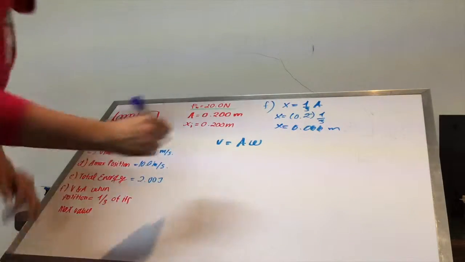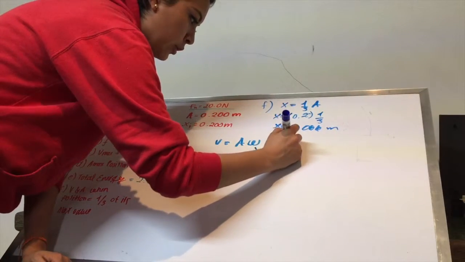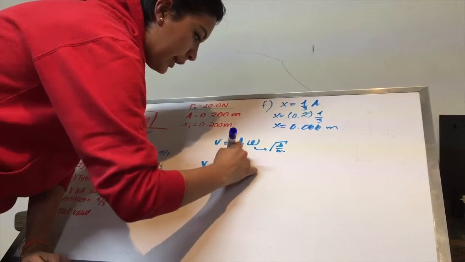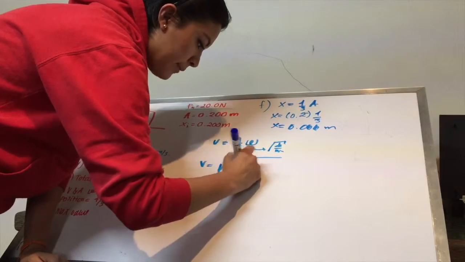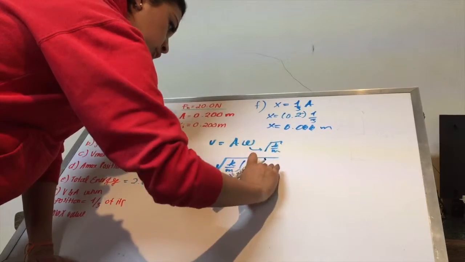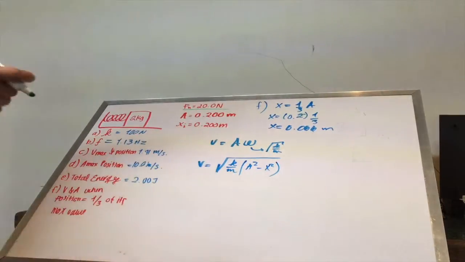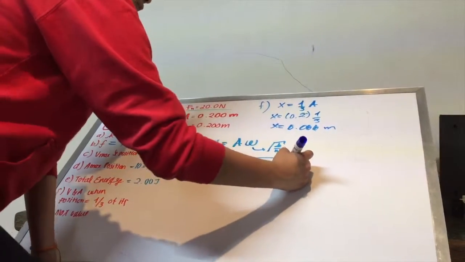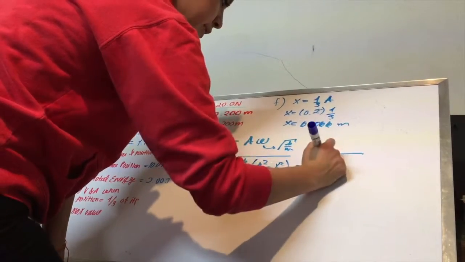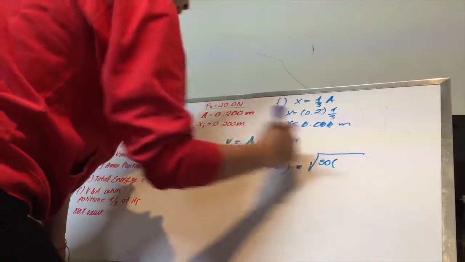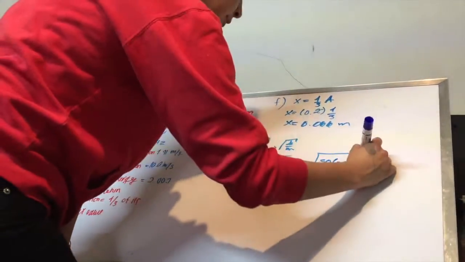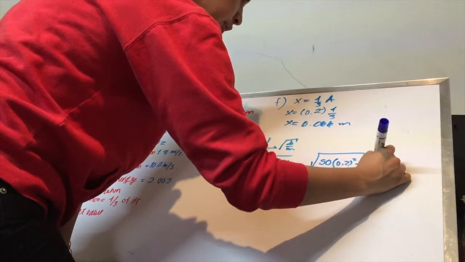We remember that omega was the square root of k over m, so the velocity is the square root of k over m times the amplitude squared minus the new x squared.